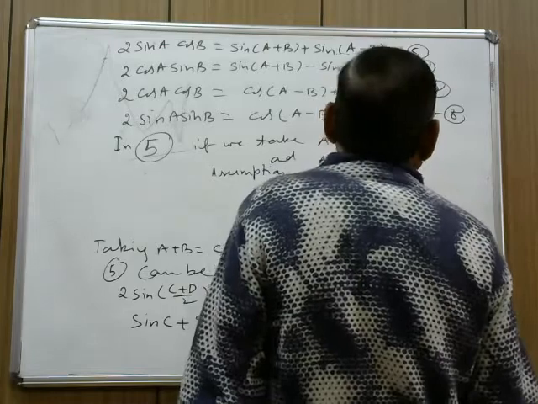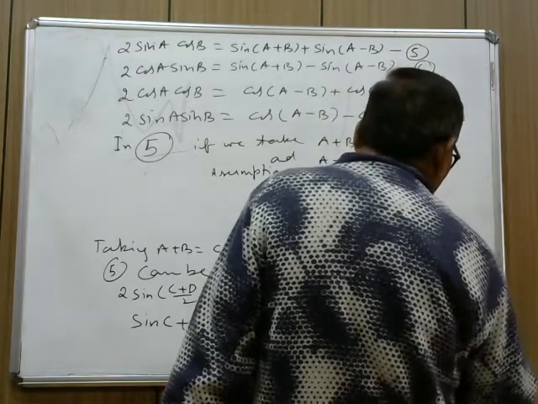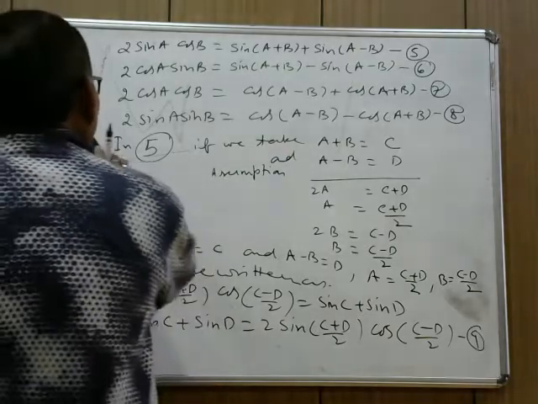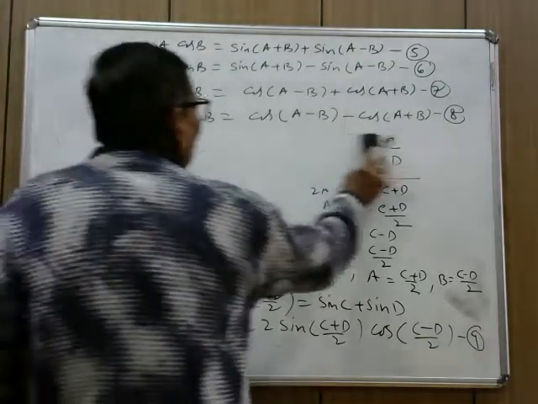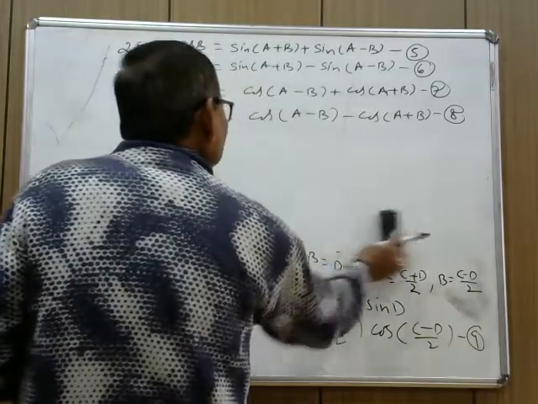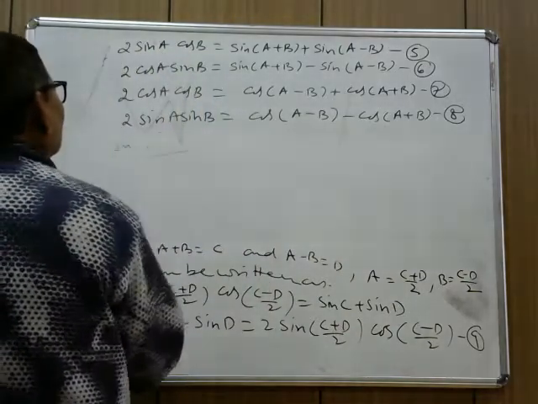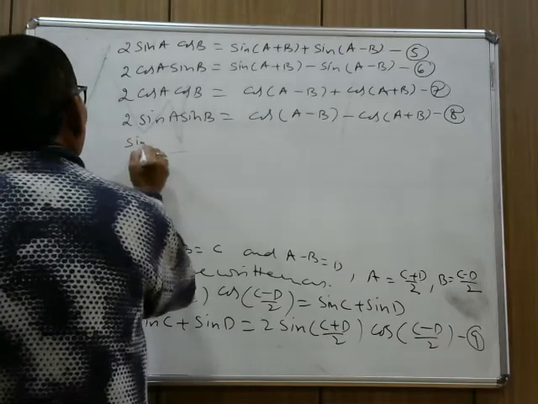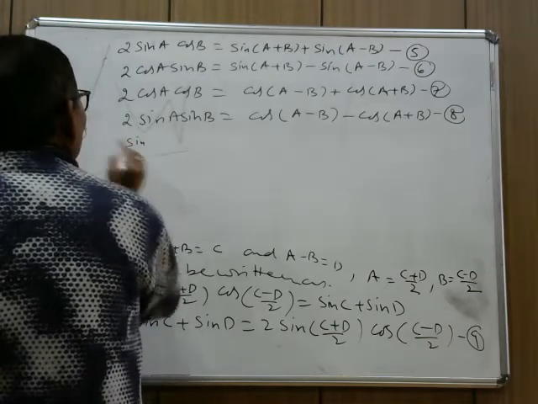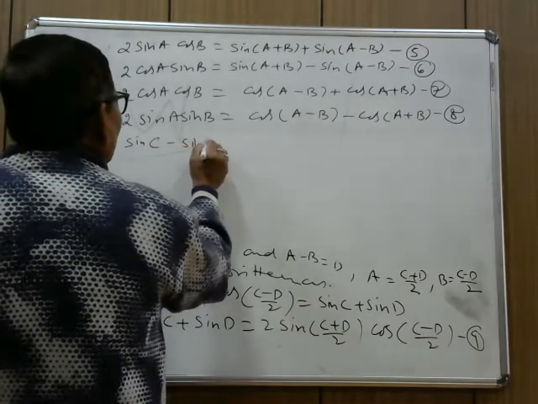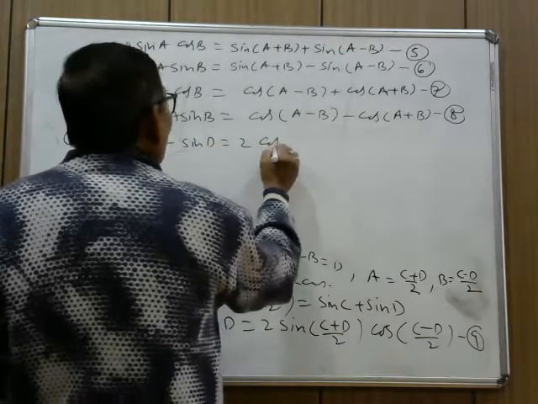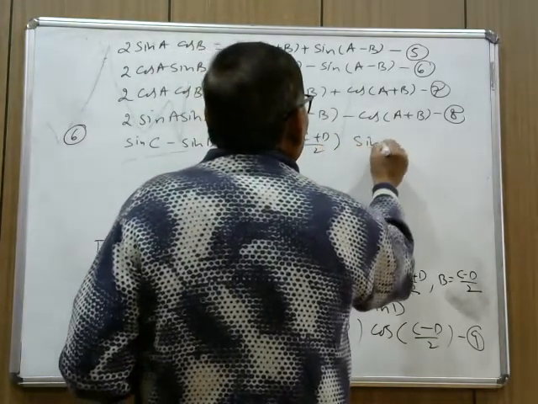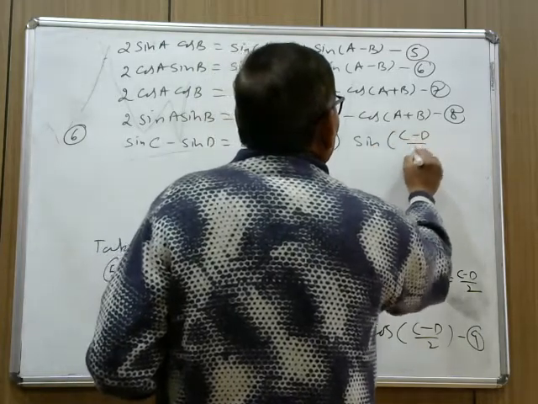This is another formula, number 9. Similarly, you can have sin C minus sin D from 6. Sin C minus sin D can be written as 2 cos C plus D by 2 into sin C minus D by 2.